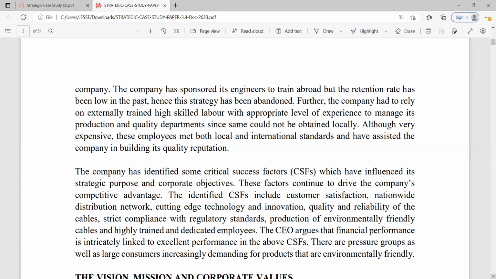So these are all critical success factors, things that must go right in order for the company to achieve its objectives. Very, very, very important. So I hope this is quite clear to you, right?